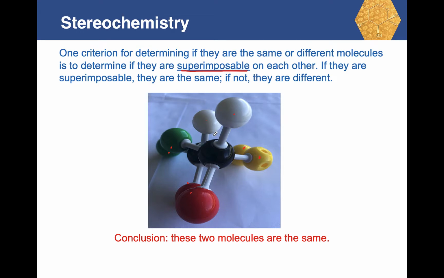If they are superimposable, they are the same molecule.